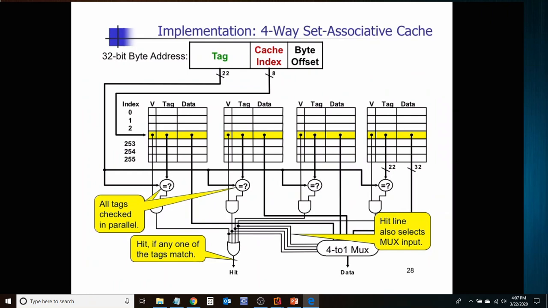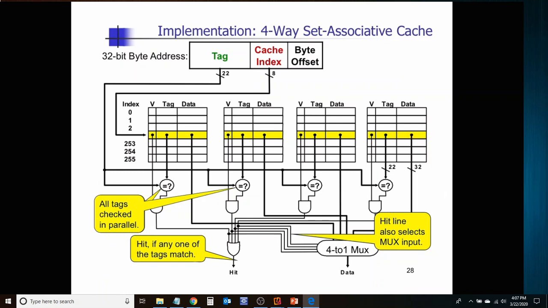So this diagram shows us how we can design a four-way set-associative cache. This is very similar to what we have seen before, in that each highlighted line represents a set of 4 blocks.